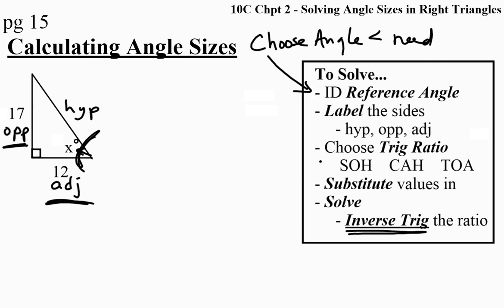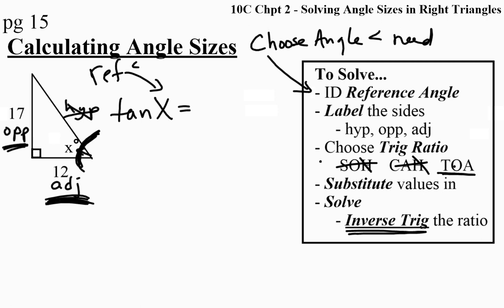Well, I need information to find something I don't know, and since I have opposite and adjacent, hypotenuse isn't helpful. So without the hypotenuse, I'm left with tangent because I have the opposite side and the adjacent side. So tangent, always finish that part. Make sure your reference angle goes into your little equation. Tangent is opposite over adjacent.